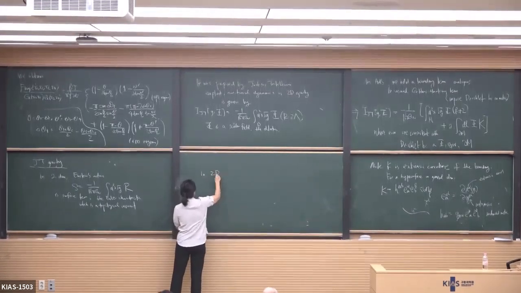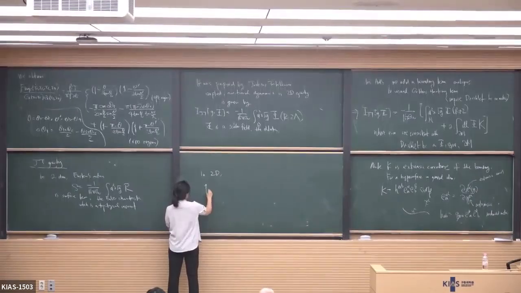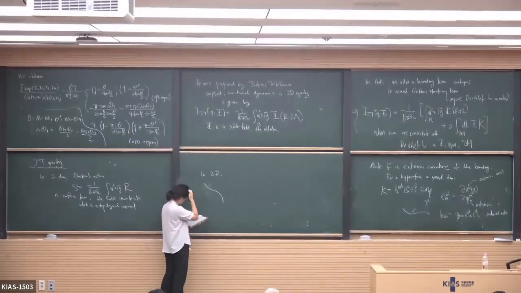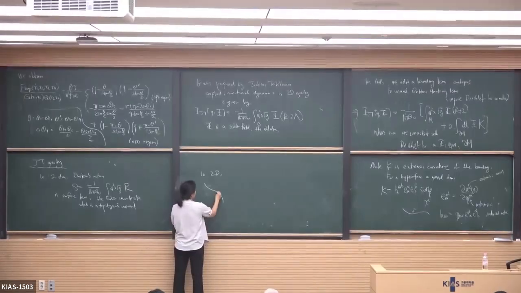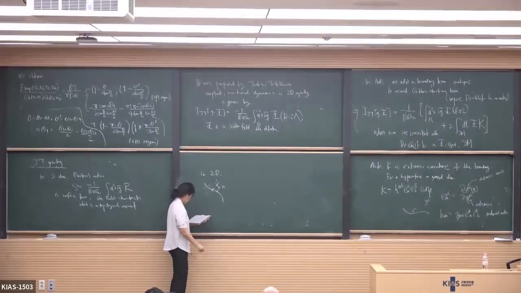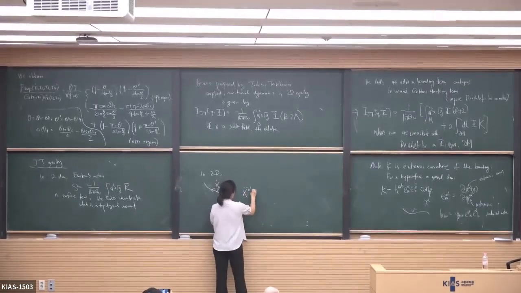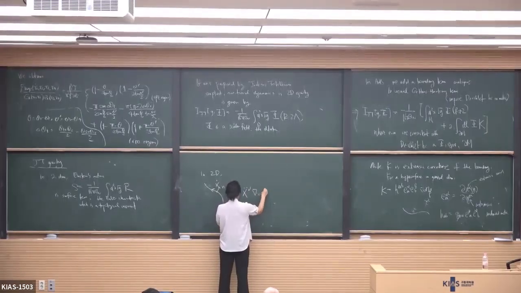In 2D, you have some curve, and at each point along the curve you have some tangent vector x dot, and you have a normal vector n, and you can compute x^nu d_nu x^mu.